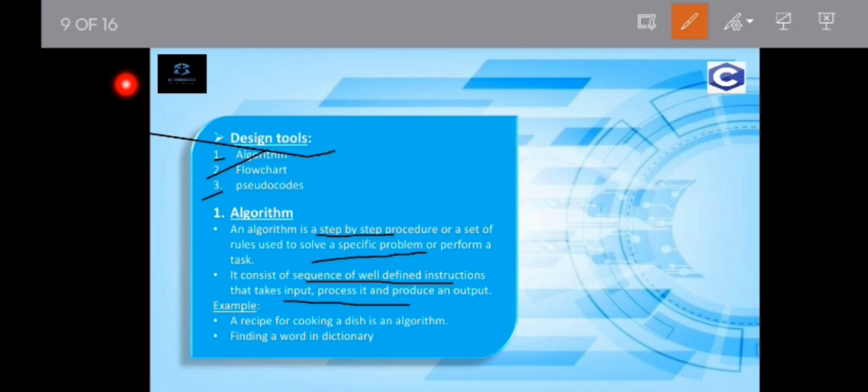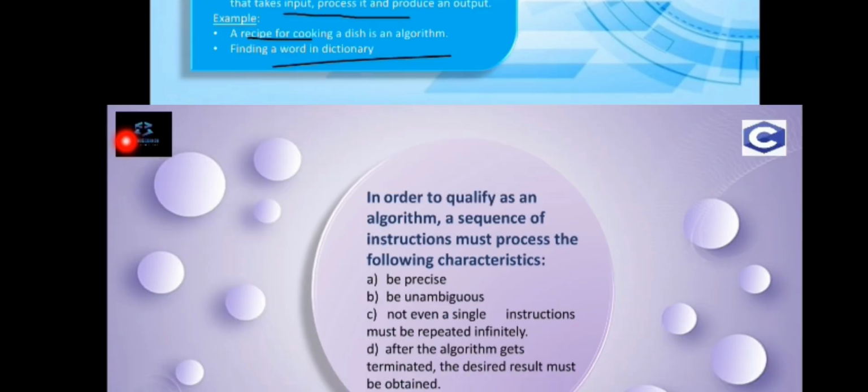It is nothing but the normal list that we follow. For example, the recipe for cooking a dish, or finding a word in a dictionary. We have certain rules that we follow when finding a word in a dictionary. So this is how the algorithm works.